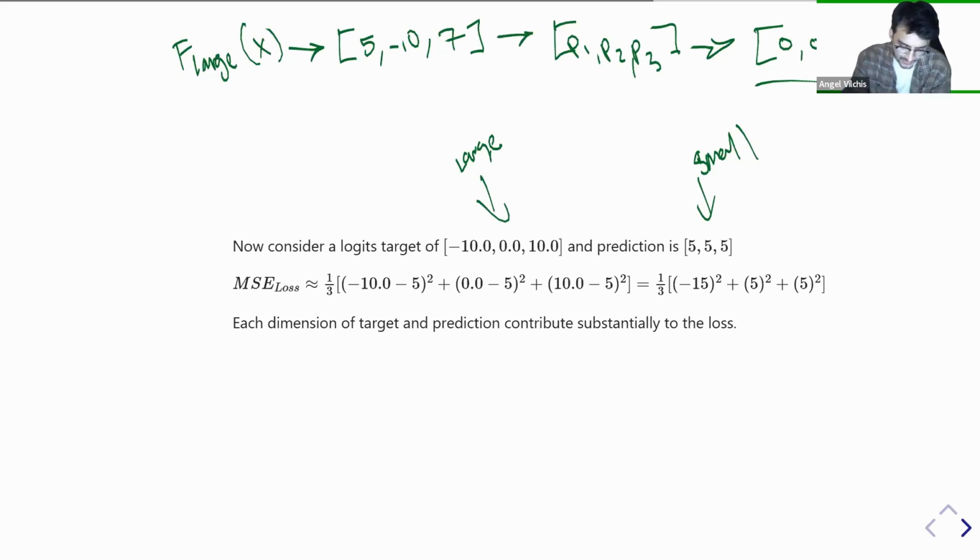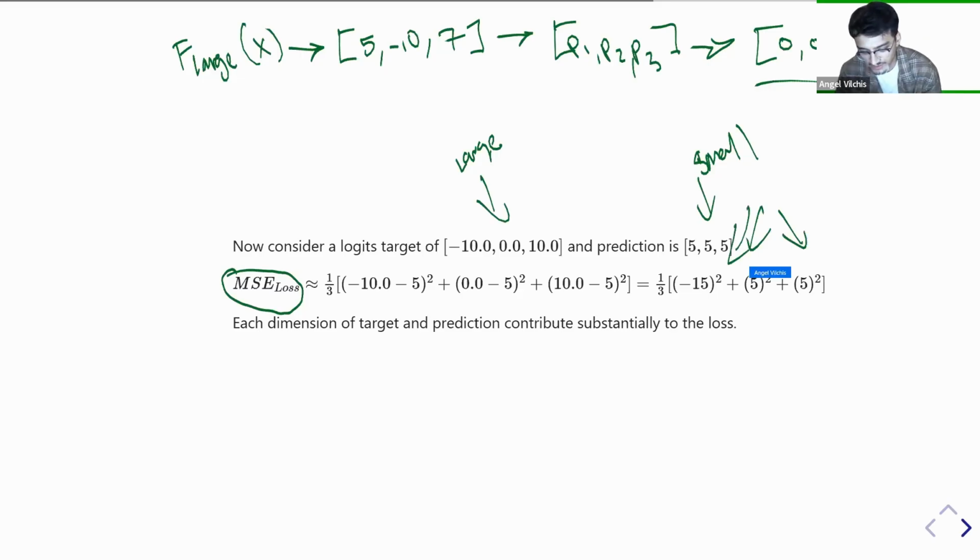But now, since they're raw scores, we don't use cross entropy because it's not two distributions, it's just raw values. So we use MSE loss, mean squared error. And from this loss, we can see that the losses spread out more evenly across all three classes. So that means the small model being trained with soft targets instead of harder targets will learn more of the internal modeling of the large model.